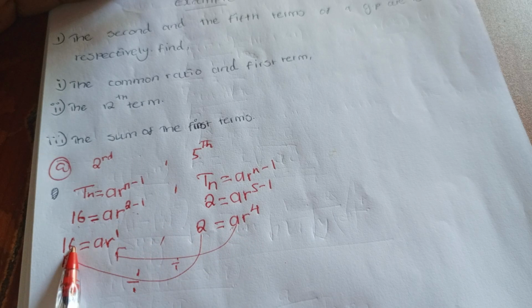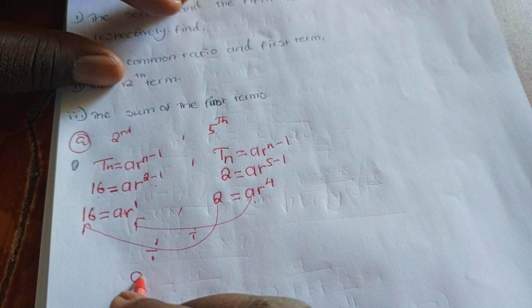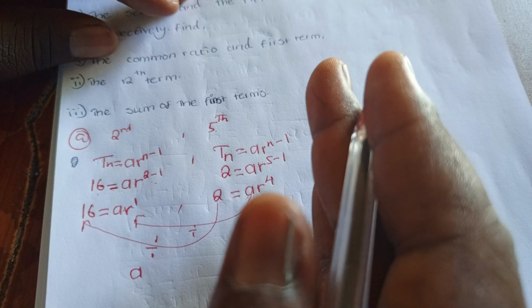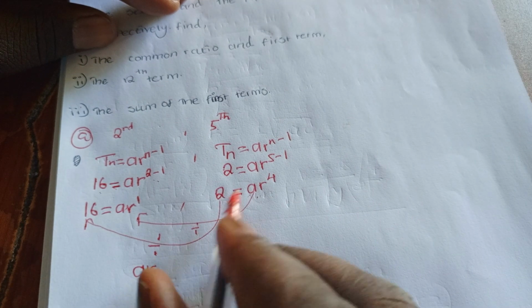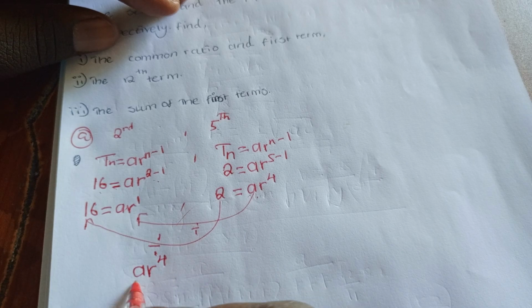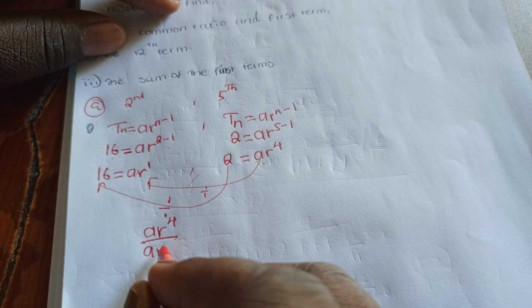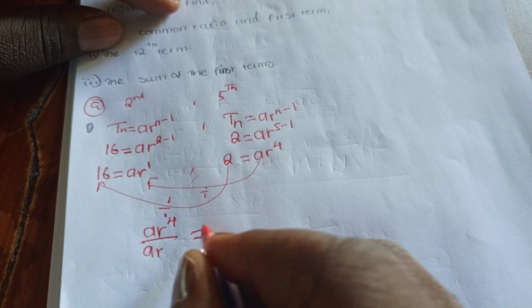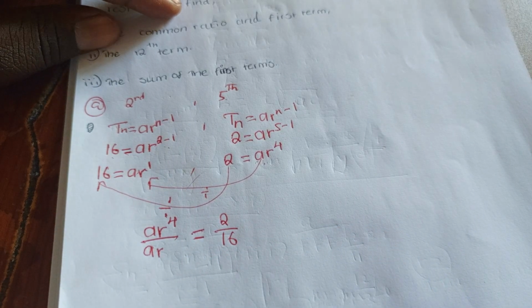Start with the right hand side, AR to the power 4 over AR to the power 1, which is the same as AR, is equal to 2 over 16.